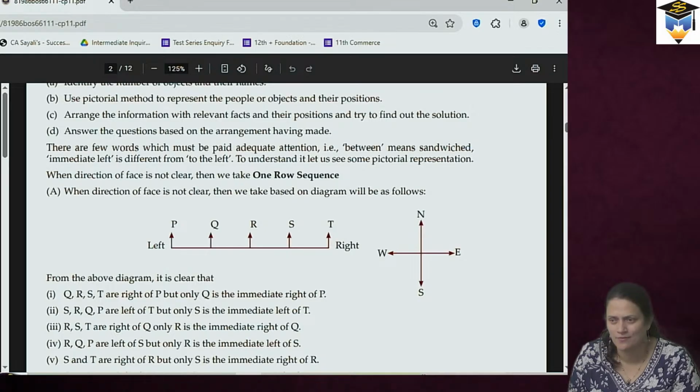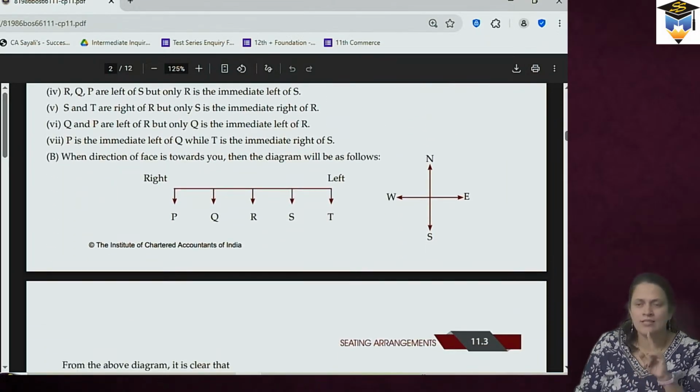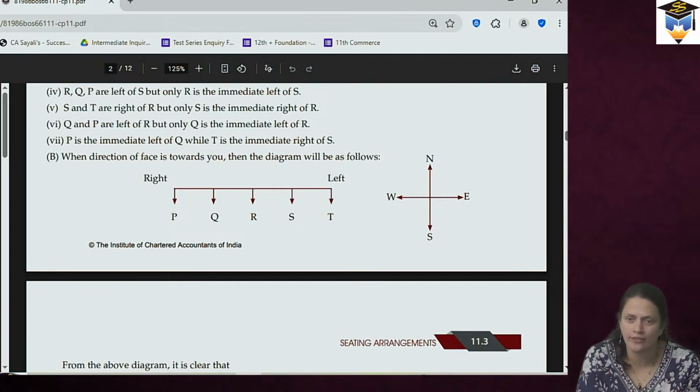Now it is quite easy. Now this was the first case when the direction is not given to us.